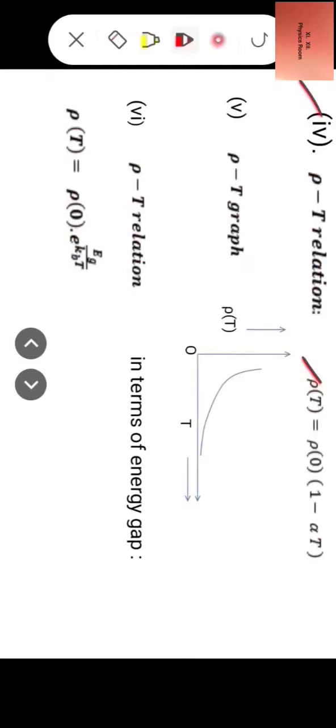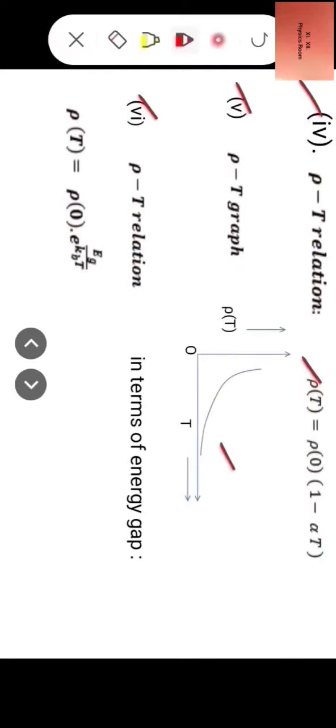I have left it to you because we have already derived the relation rho T is equal to rho 0 into 1 plus alpha T in positive temperature coefficient of resistance. So you derive it yourself. The final relation is rho T is equal to rho 0 into 1 minus alpha T. Now fifth, the rho T graph. The rho T graph is as shown.